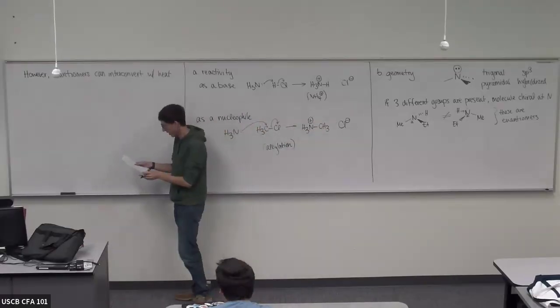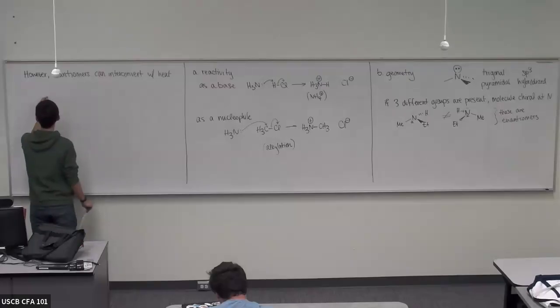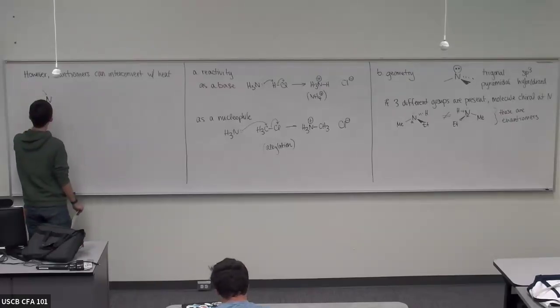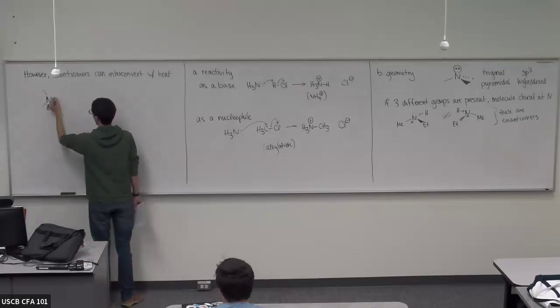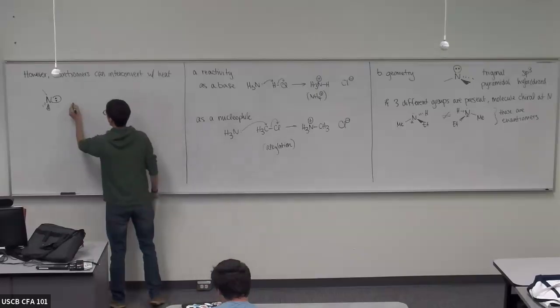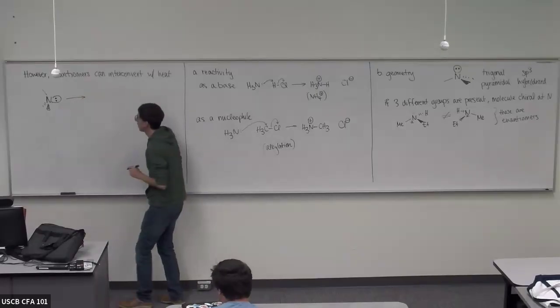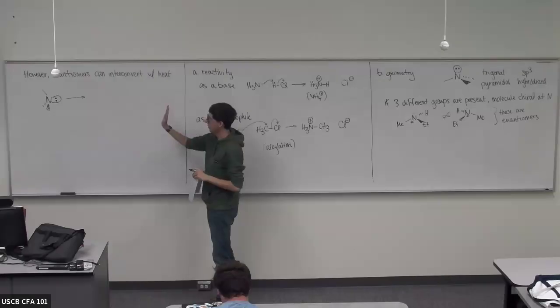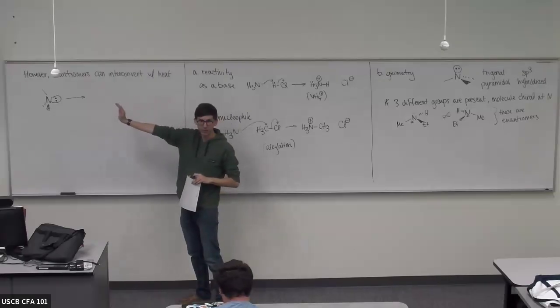So let's see what that looks like. If we have an amine that looks like that, currently the R groups are bent to the right.